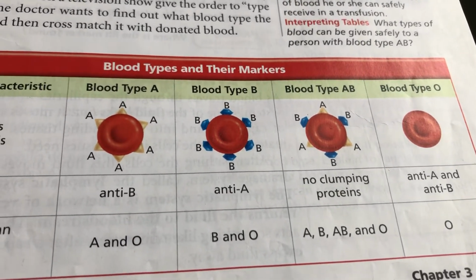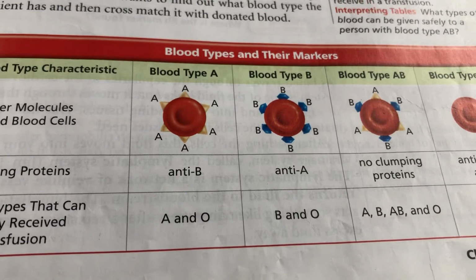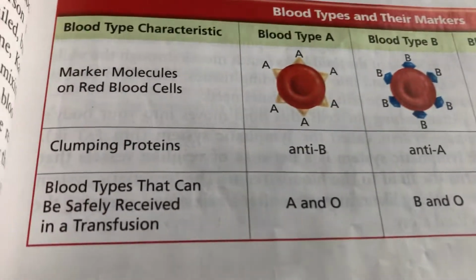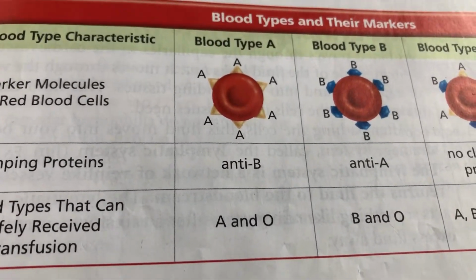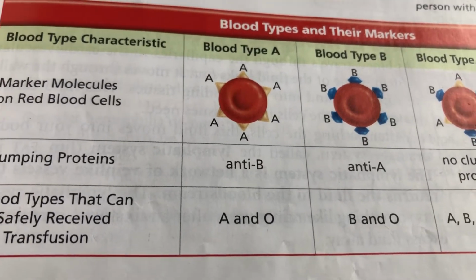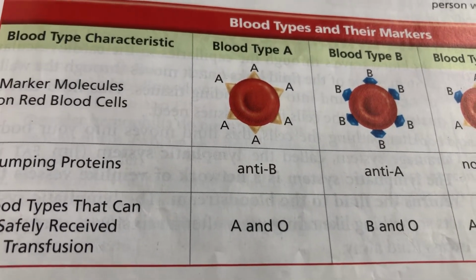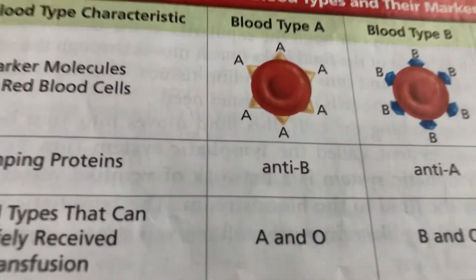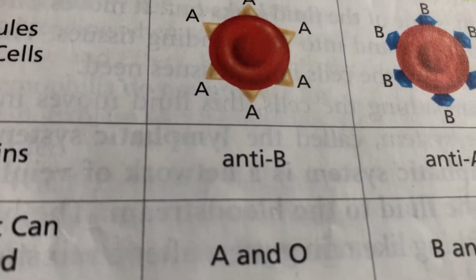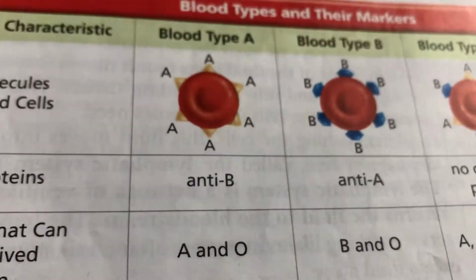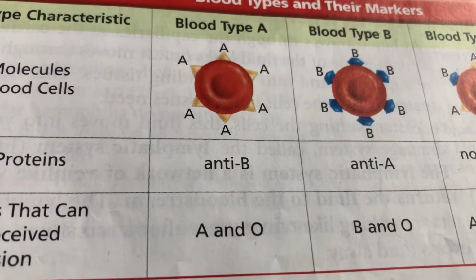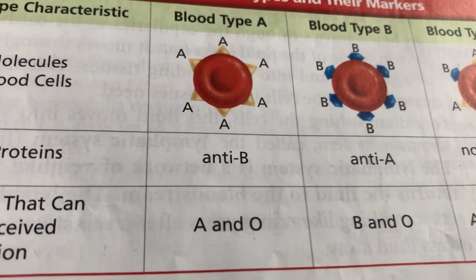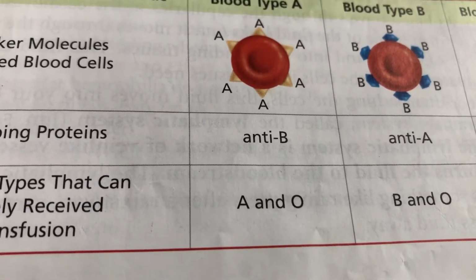So those cells that come in, if you have type A and you receive type B blood cells, right? Red blood cells, and your blood has anti-B clumping proteins in it, those red blood cells from type B will clump in your blood and cause a problem.